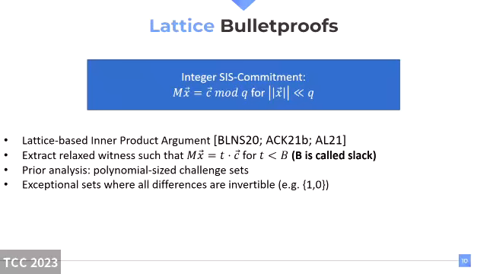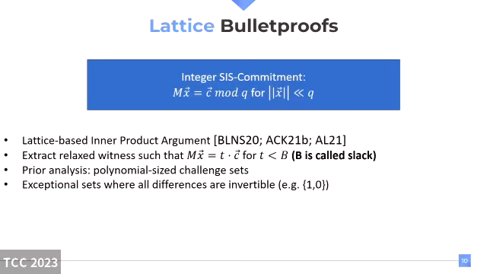However, the problem is that the larger the parameters I want it to be binding for, the larger my commitment has to be. So concretely, this would imply that the bit length of my commitment is linear in n, and then suddenly my protocol is not going to be succinct anymore, because every single commitment that I send is now linear in n in the bit length.